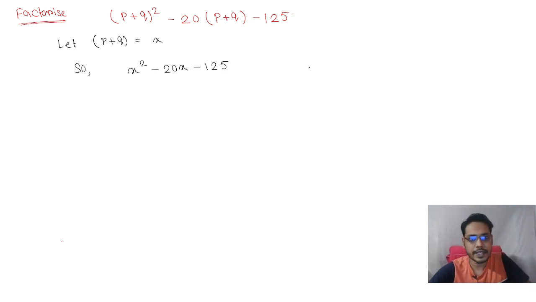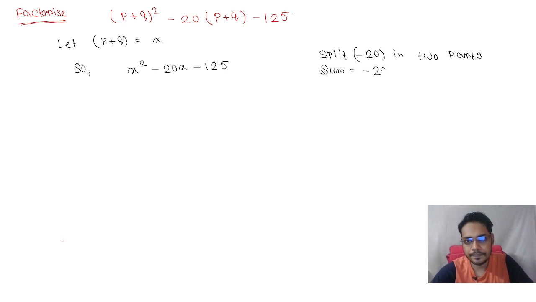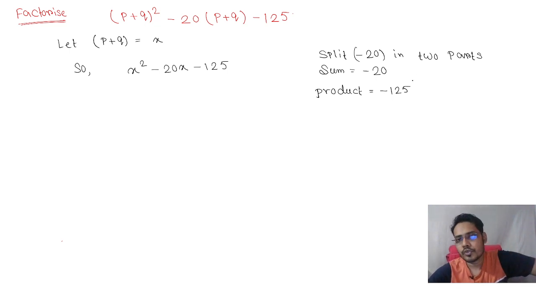Now you have to split minus 20 into two parts, where the sum will be minus 20 and the product will be minus 125. So how can we do this?